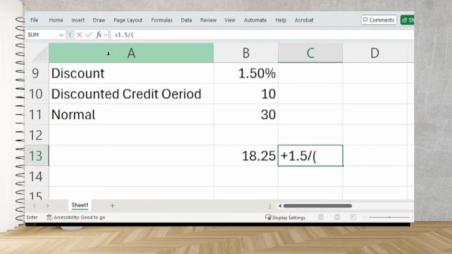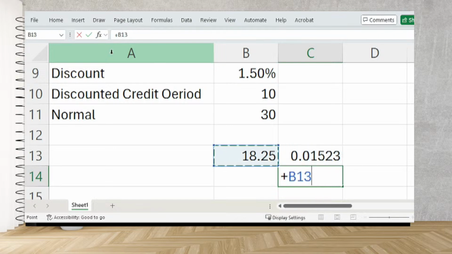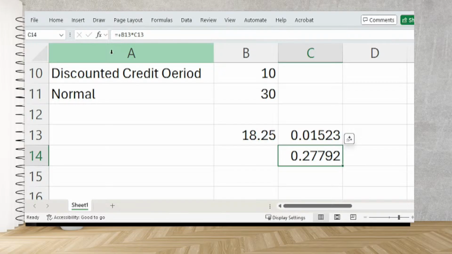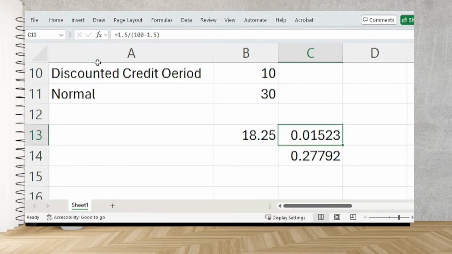Okay, because we are actually paying 98.5. Okay, so this is the saving per cycle. Now 18.25 multiplied by this one, so it is 27.78%. Okay, are you clear with this?